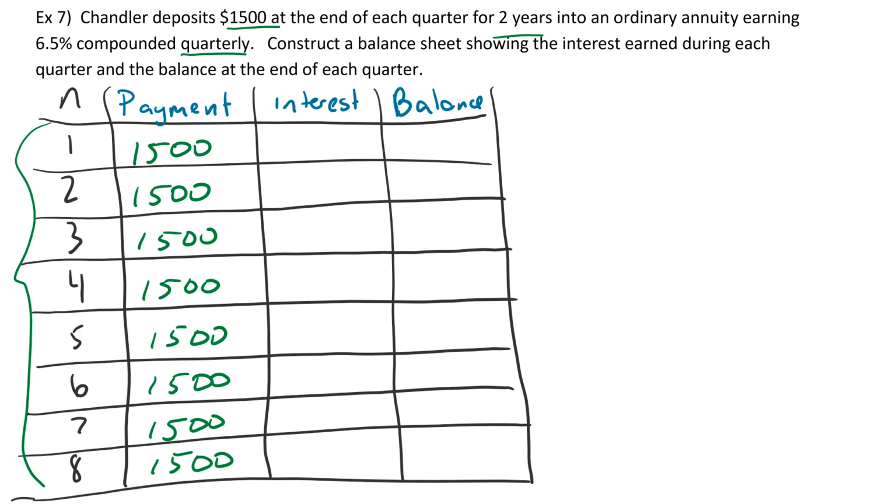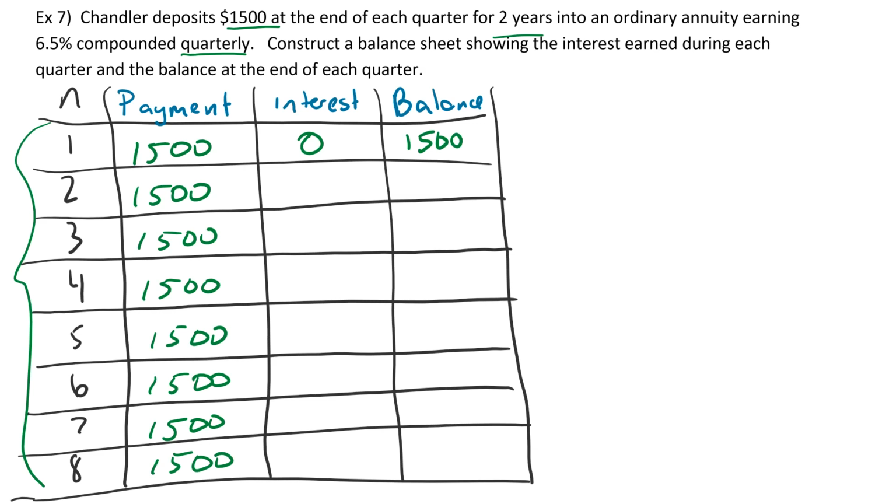Now we're going to go one by one for each row. For the first one, we didn't have a balance in there. So we're going to earn an interest of 0 to start with because we had no money in there. We can't earn interest on something that wasn't there. So at the end of the quarter, our balance is just going to be $1,500.